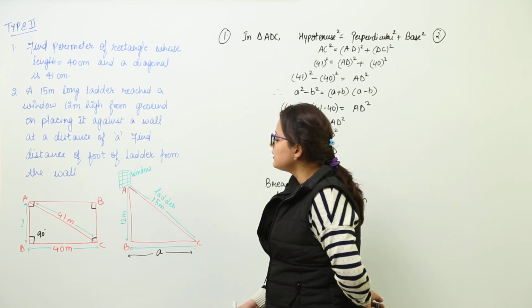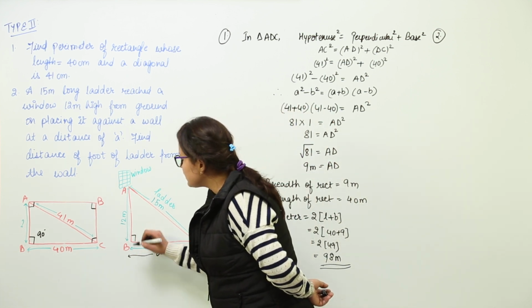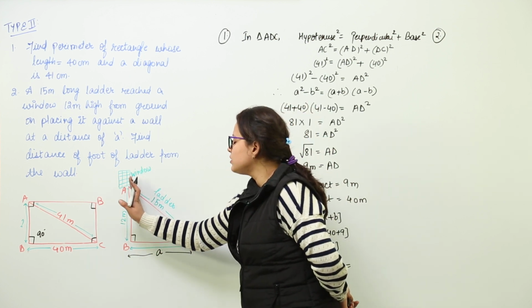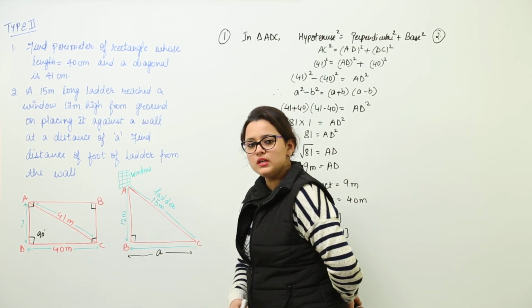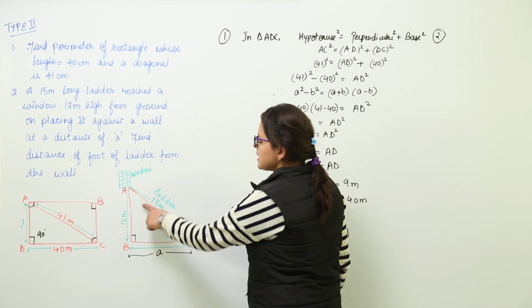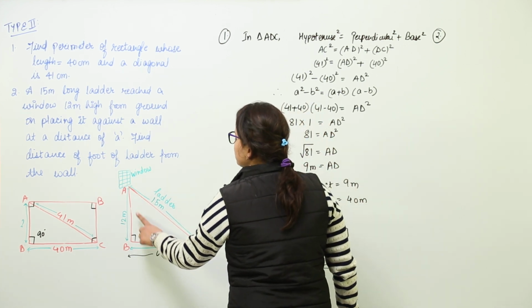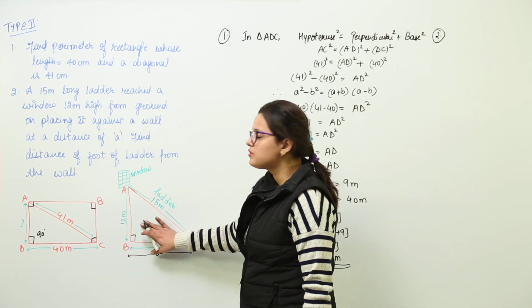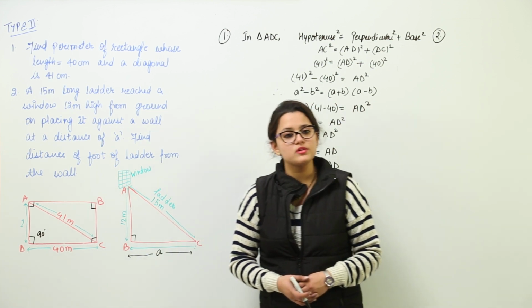So how is that done? We know that this is going to make a 90 degrees already, because obviously the wall will be at 90 degrees to the ground. So we will have this as the 90 degrees angle. That means this forms a right angle triangle, and for any right angle triangle we can apply the Pythagoras property.